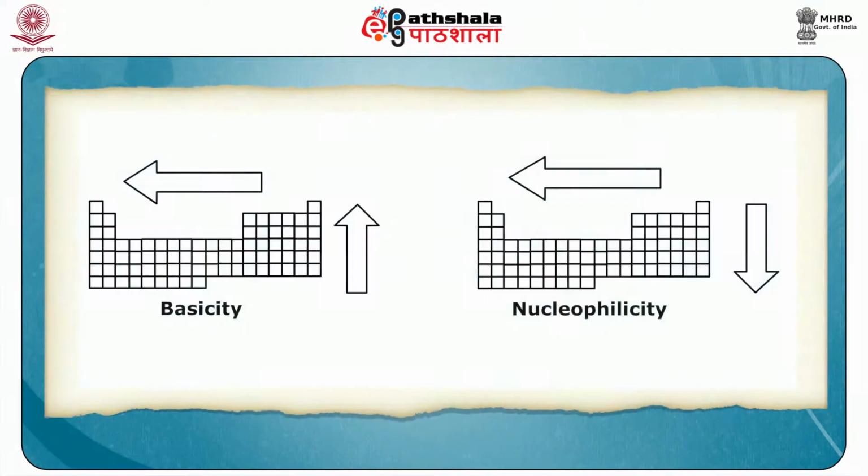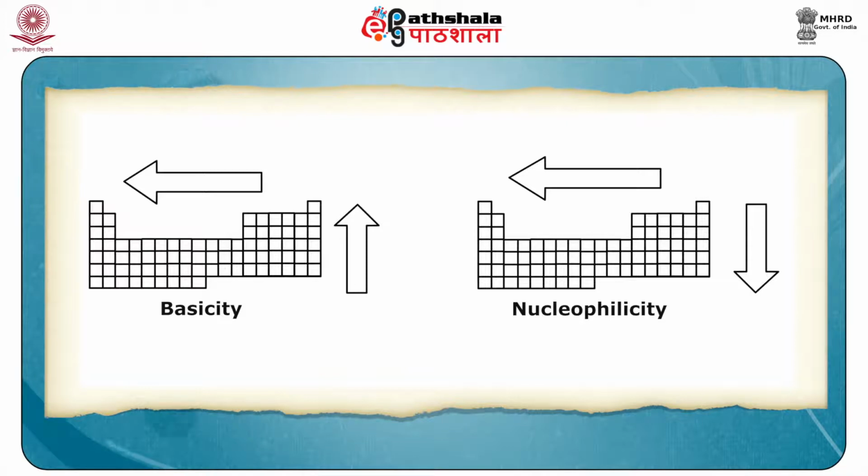You can also see the correlation between basicity and nucleophilicity with the help of the periodic table. That is how these central atoms of that species which act as nucleophilic centers are arranged in this periodic table. And you can see here that as we move from right to left of the periodic table, both the basicity as well as nucleophilicity is increasing.